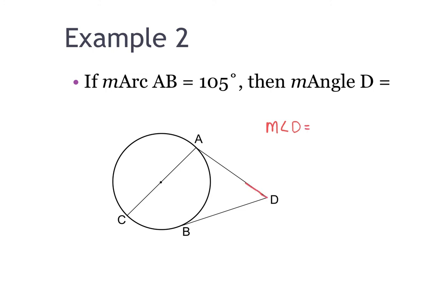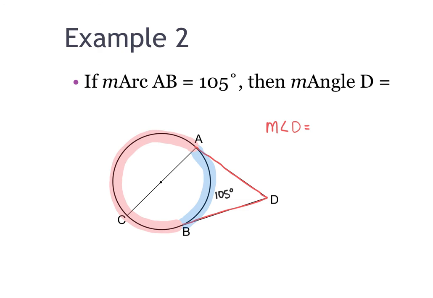Here's our angle. So this angle creates a small arc and a large arc. It tells us that the measure of our small arc, AB, is 105 degrees. That's the only piece of information that it gives us.